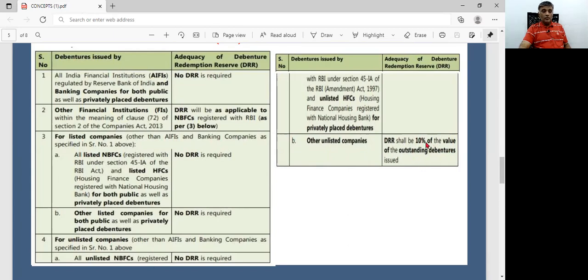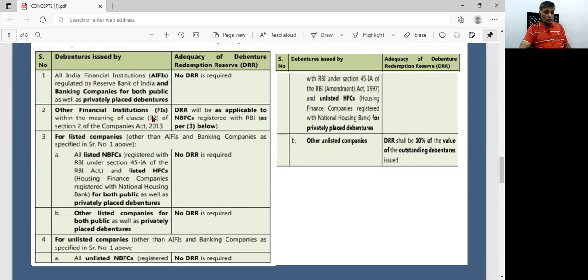So how do we remember this? Look at this. No DRR, no DRR, no DRR, no DRR. So DRR is required only for certain companies. For all India financial institutions governed by RBI and banking companies, no DRR.